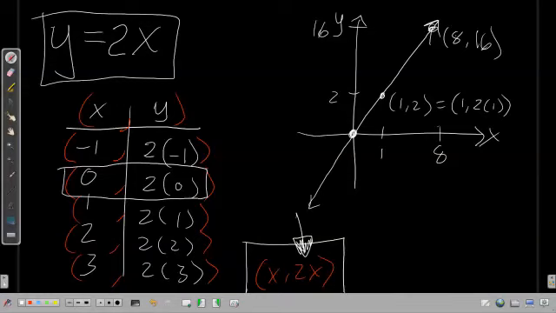This number 2 has the name of the slope. That is its name. We keep our definition of slope simple. It is rise over run.